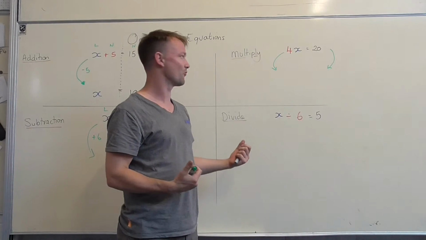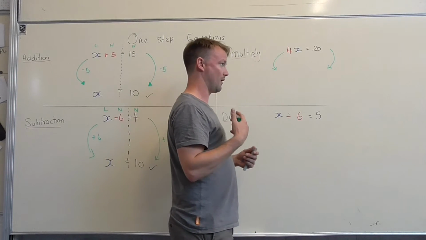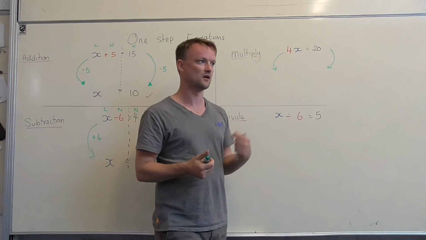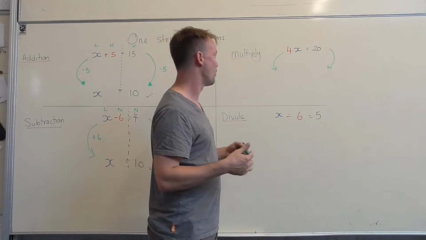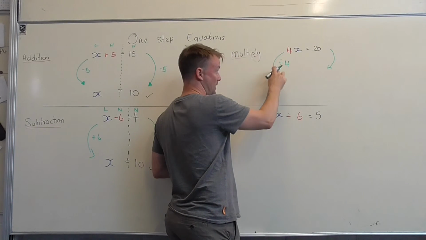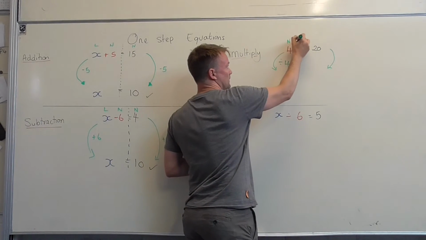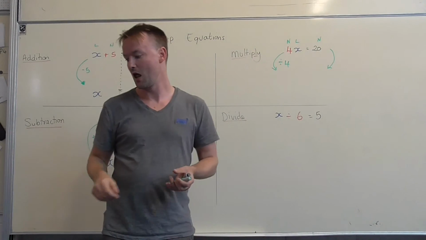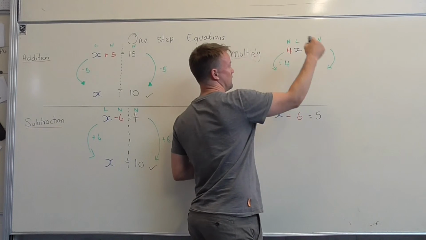And you might know the answer already, but what we want is to be able to show our working and get used to the process, so that when it becomes more complicated and I can't see the answer straight away, I still know what to do to get the answer. So the opposite of times is divide, and we divide by 4. The reason why is that this is number and letters, and this is number. What I want is letters on one side, this side, and numbers on this side.